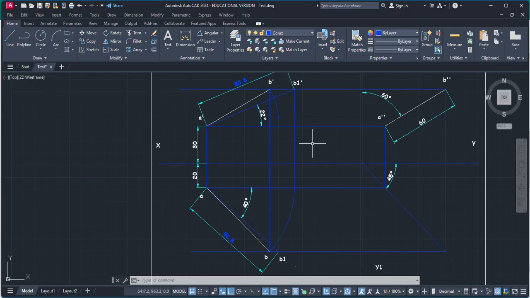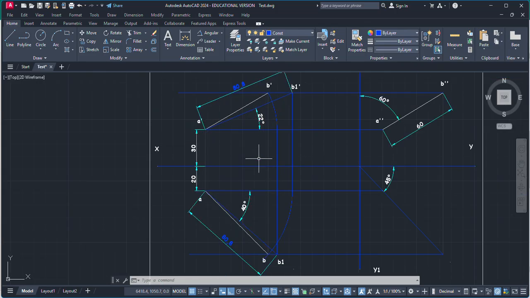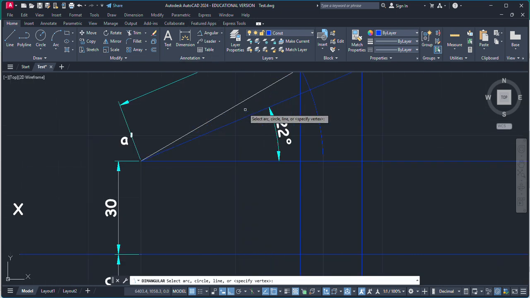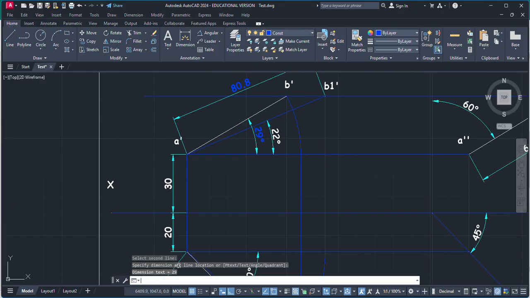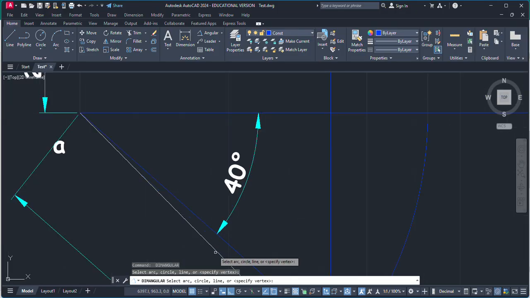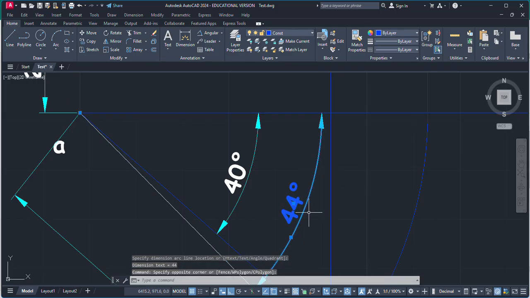No need to find anything else, because in the question it has been asked for true inclination. So the angle drawn by the true line with the HP is the true inclination with HP. Or you can find the apparent inclination with HP, which is 29 degrees, and the apparent inclination with VP, which is 44 degrees.